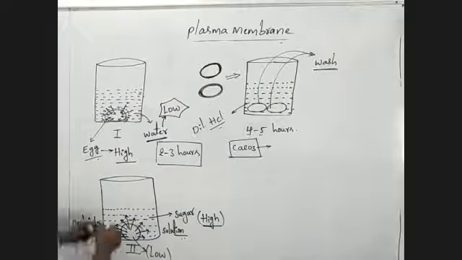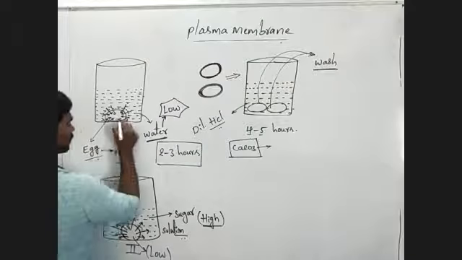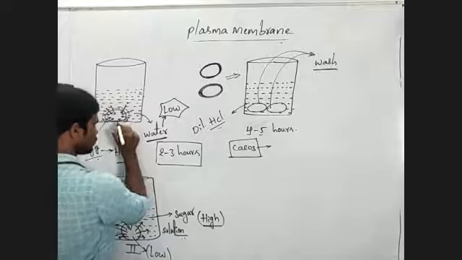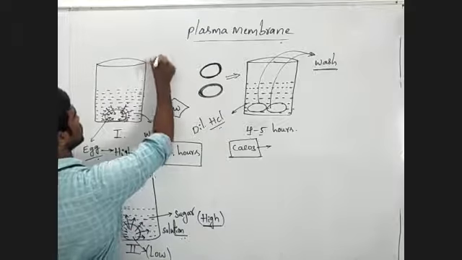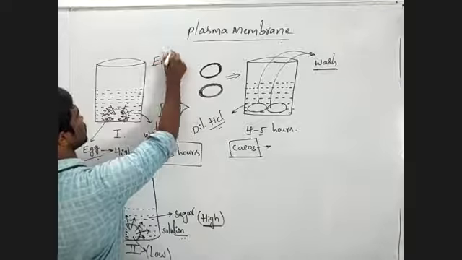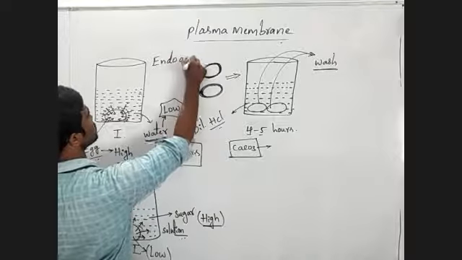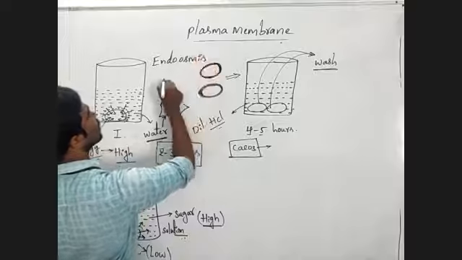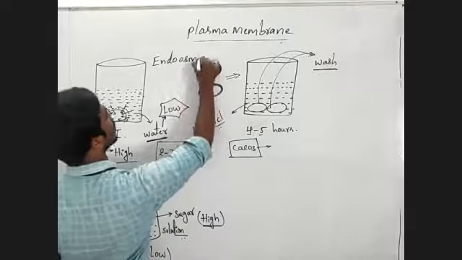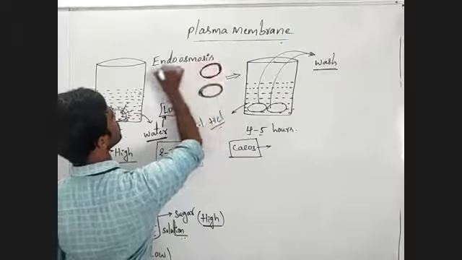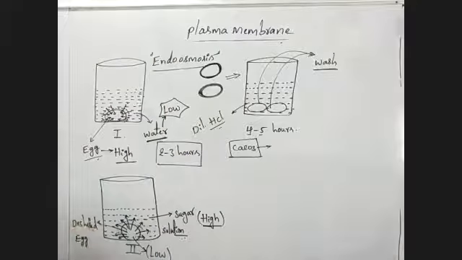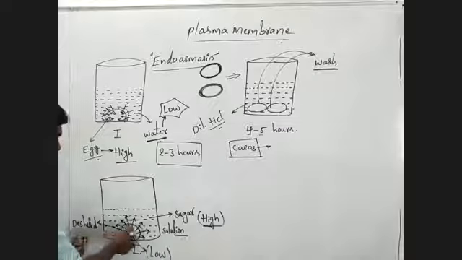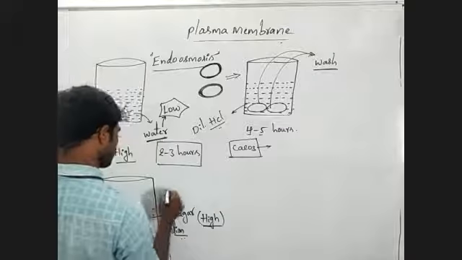Observe here, water molecules are transported into the cell. That is why this type of osmosis is called endoosmosis. In this condition, water molecules have moved out of the cells into the external environment.